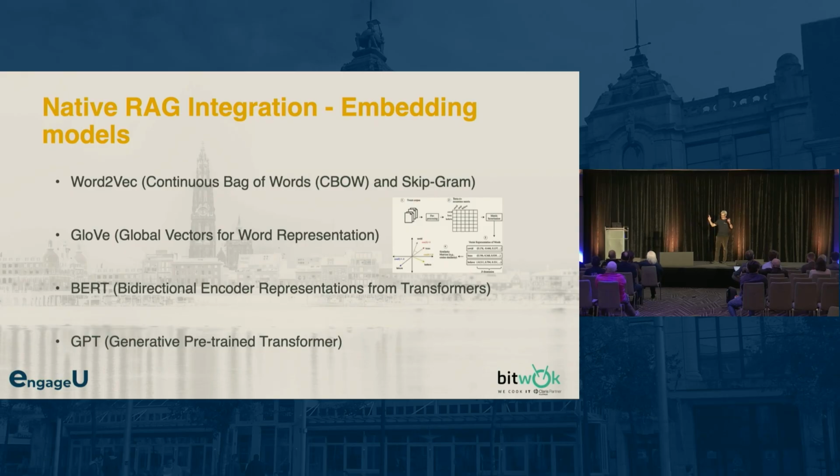What they do is take and vectorize the word and take into account the words that are close to it in the sentence, the ones that are very close to each other. That was the first embedding model. There were two kinds of Word2Vec, continuous bag of words and skip-gram, depending on whether you take into account the words that come after or before the word you want vectorized.